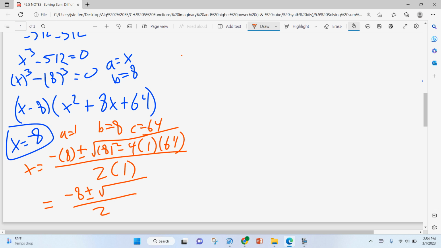This is the part I put in my calculator, the square root part. Because if you put the whole thing in your calculator from the very beginning, it's going to give you an error because it's imaginary. So when you put this in, you end up getting negative 192.